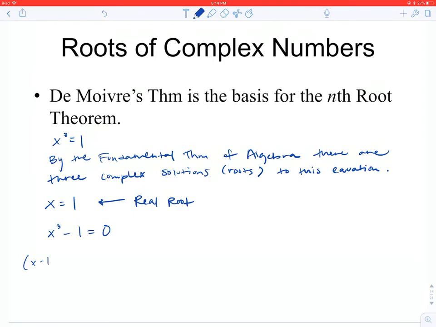If I were to rewrite the equation as x cubed minus 1 equals 0, we know that x minus 1 has to be a factor. And you either know the pattern that it factors to, or you could always use synthetic division. Remember, you put the coefficients, so 0, 0, negative 1, bring the 1 down.